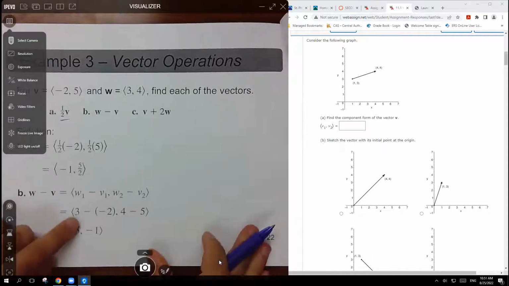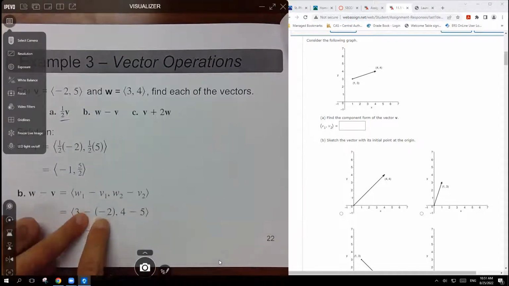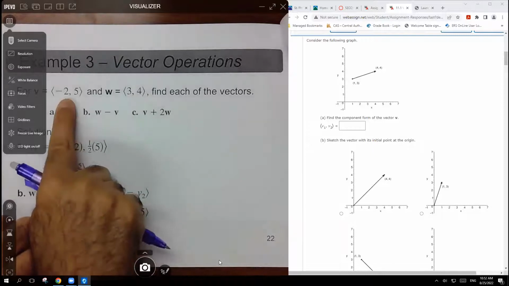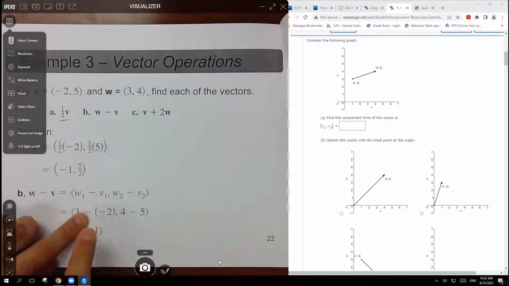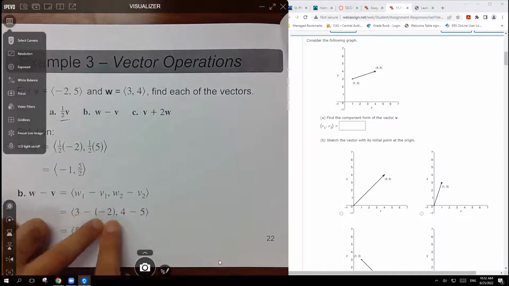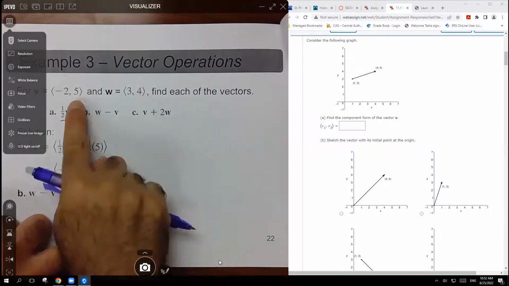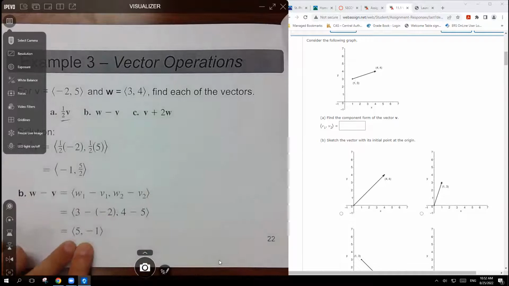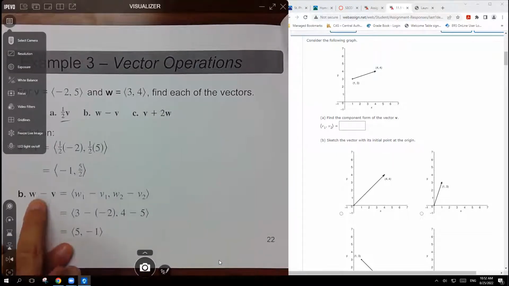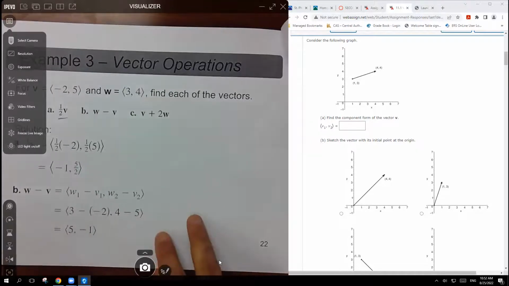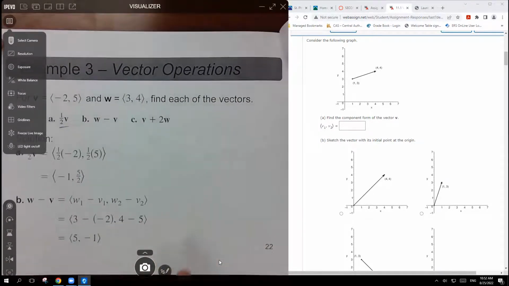See, 3 minus V1, which is negative 2. I'm telling you, it's easy to make mistakes here. And comma 4 minus 5. So the result is 5, negative 1. And check what happened. It's going to be a different direction, a different vector, because it's a minus between W and V. That means vector V goes in a different direction. Any questions so far?